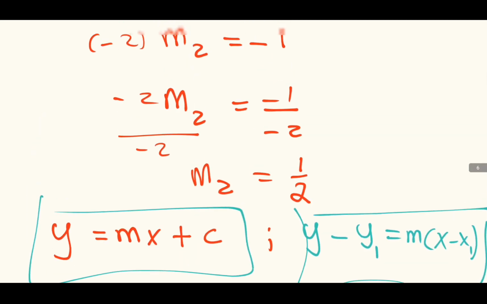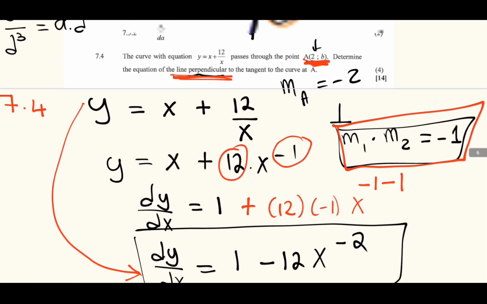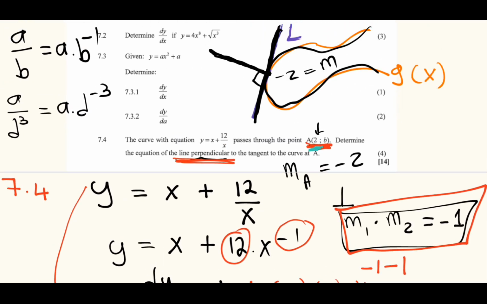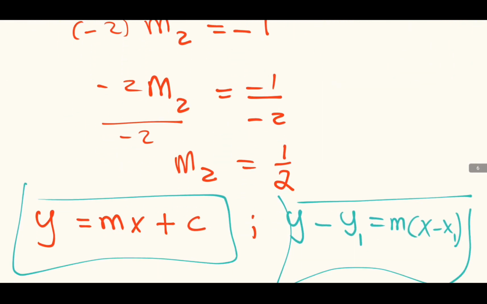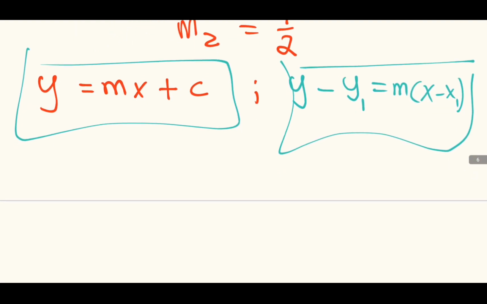And another thing about this point A, which is 2 and b, it's a point where the perpendicular line, the tangent, and this curve intersect. So 2 and b also belong to the perpendicular line.